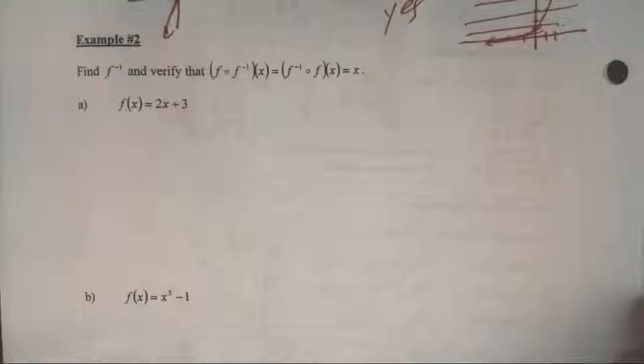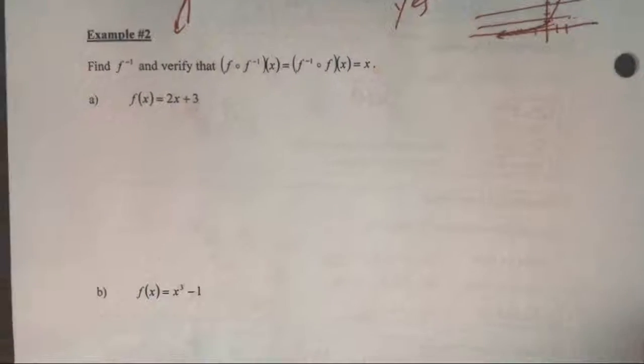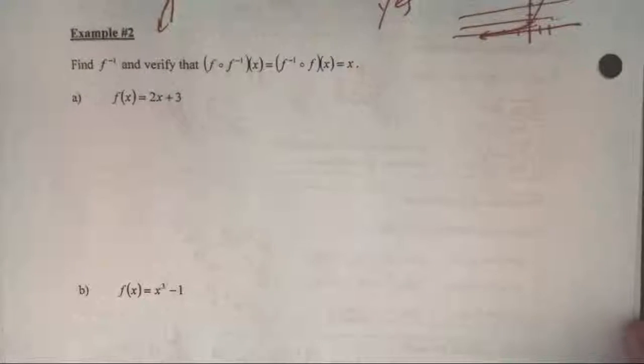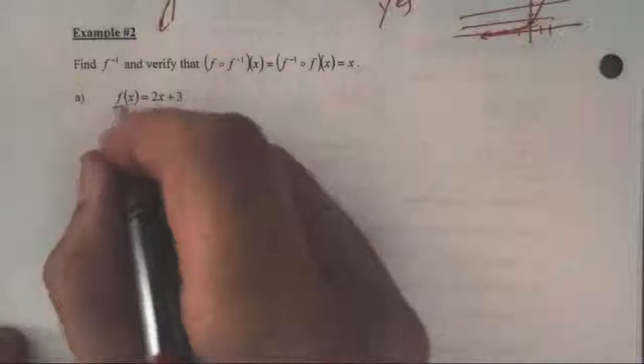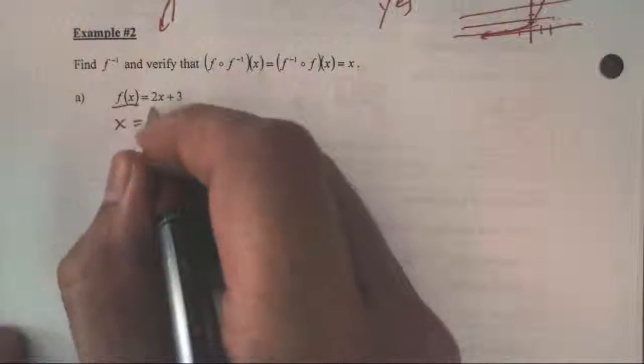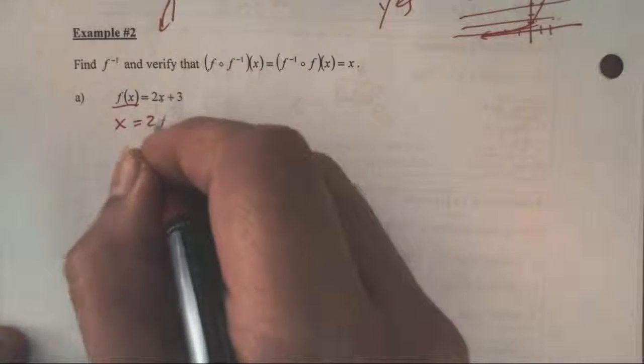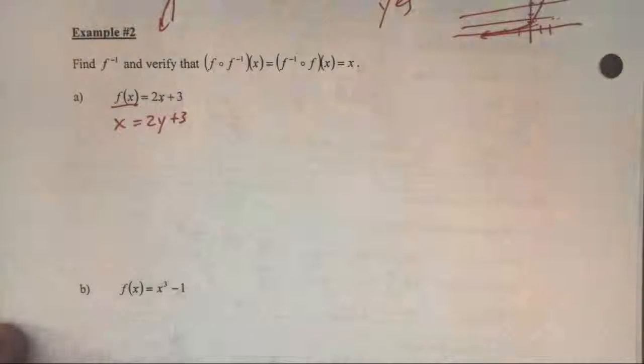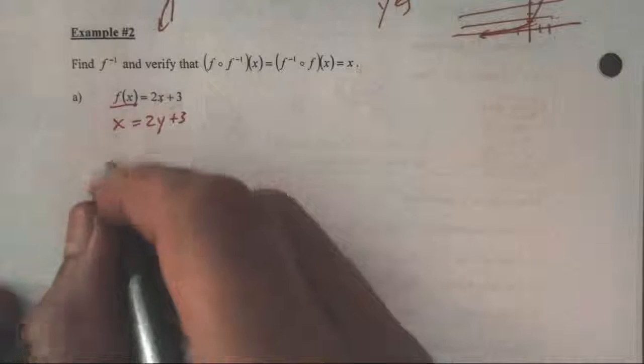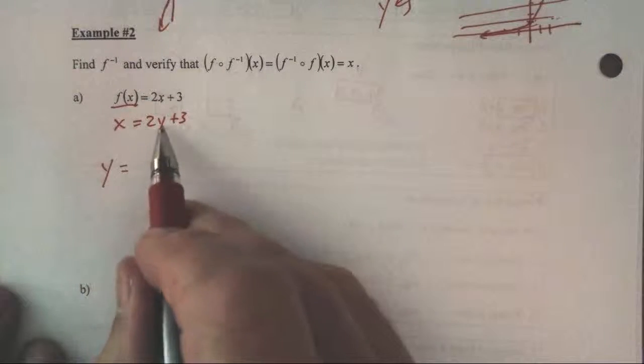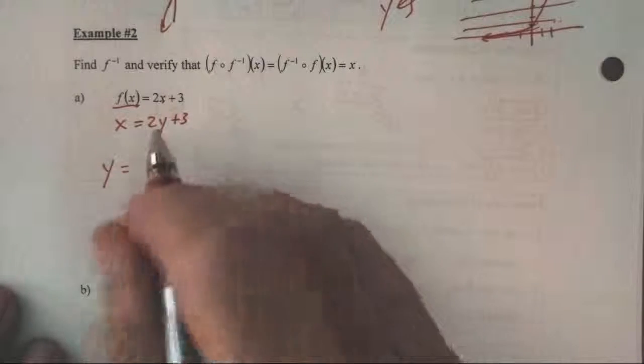Okay, find f inverse. F inverse, what did we say is the most basic thing we need to know about inverse functions? And that is we change y into x, and we change x into y. And then all we need to do is solve that for y. So y equals, let's see what we get here. I started with x.